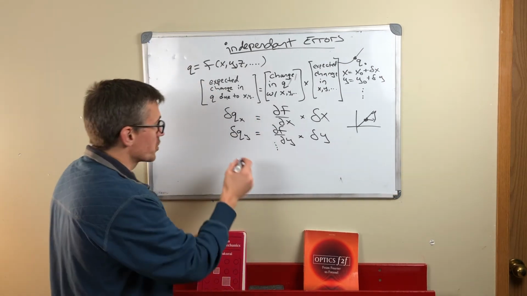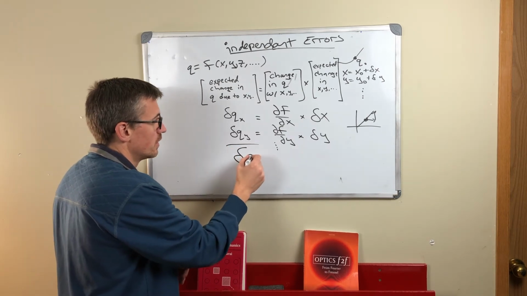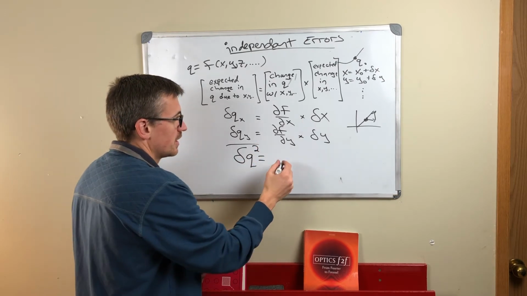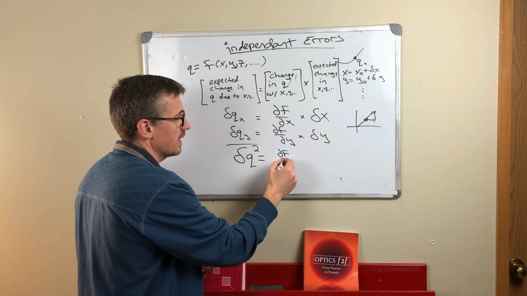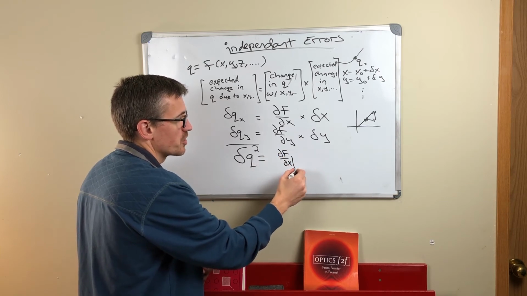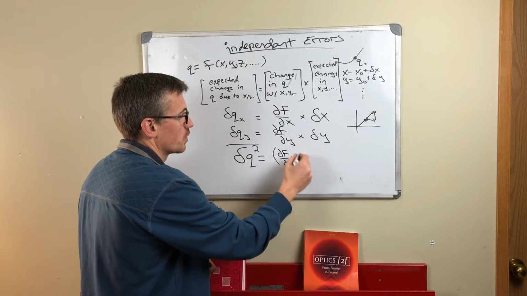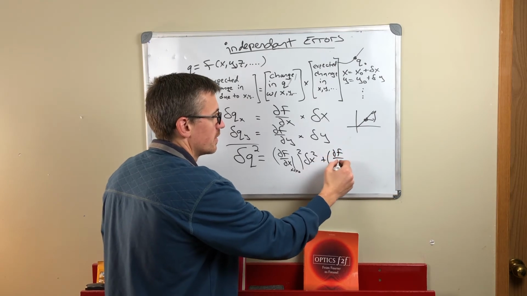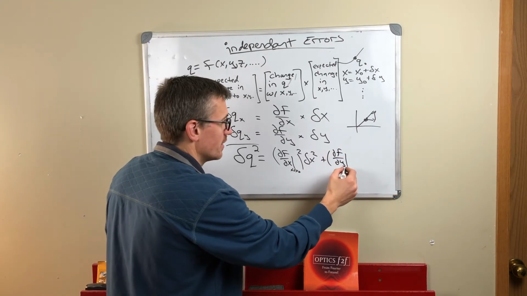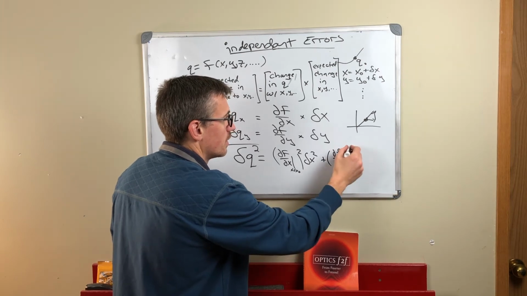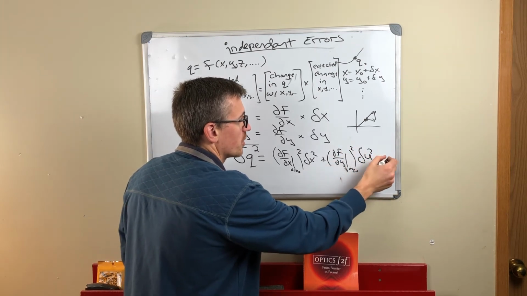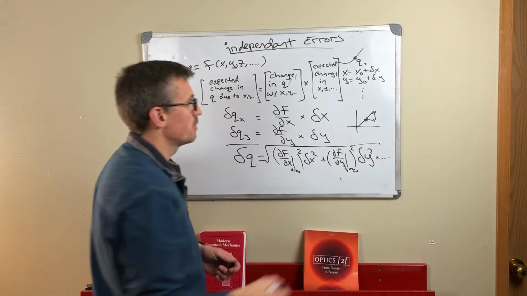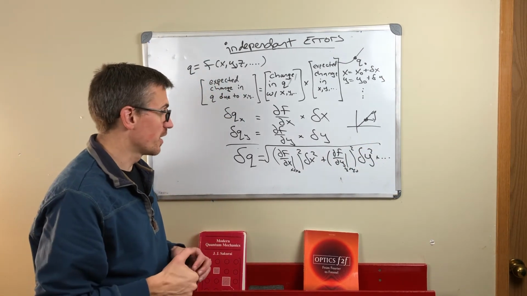And let's just add them up in quadrature, so that delta Q squared is equal to df by dx, evaluated at whatever we measured, squared times delta x squared, plus the change of the next one, evaluated at y equals y naught, times delta y naught, plus ... And so the total change is just going to be given by this square root here.